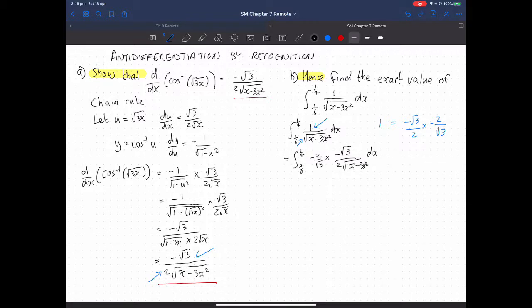We have not changed the problem because those two things multiply together to equal 1, which is what we had in the top line originally. So I'm going to write the negative 2 on root 3 outside the integral sign as a constant.